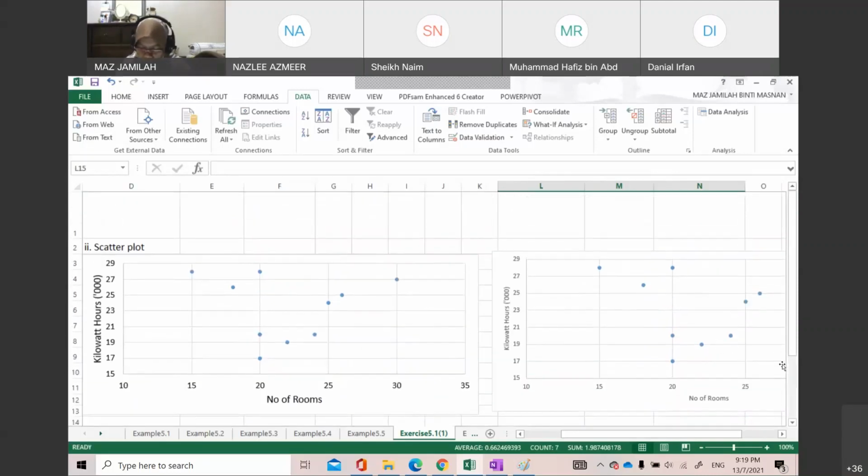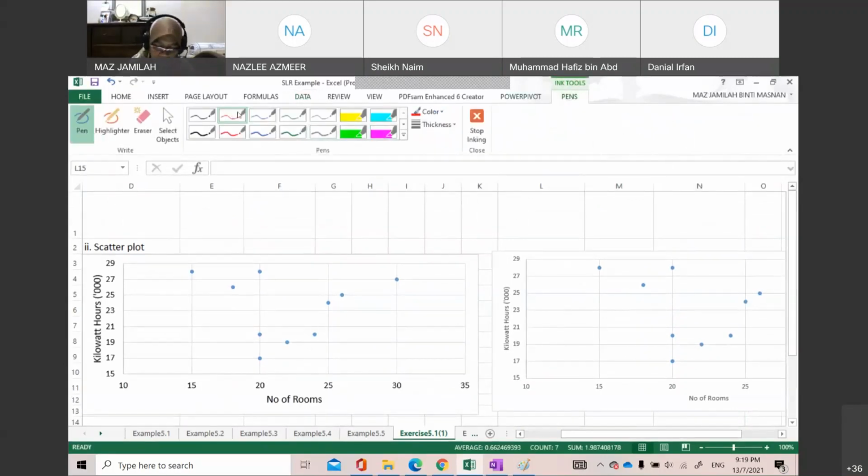So your plot is giving you somewhat this: not a steep one, almost horizontal because of the scattered data. Maybe this way. I think that's too much because it's almost negative, so it could be this way.